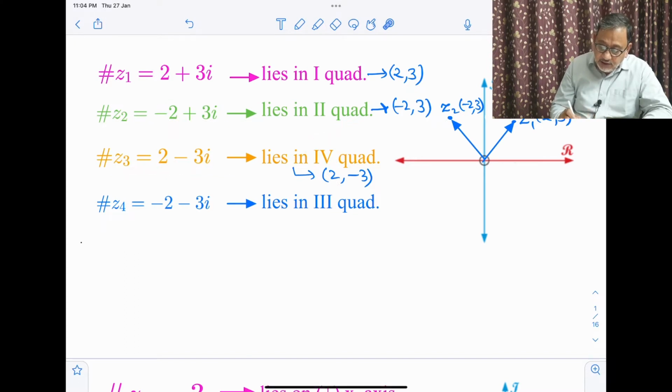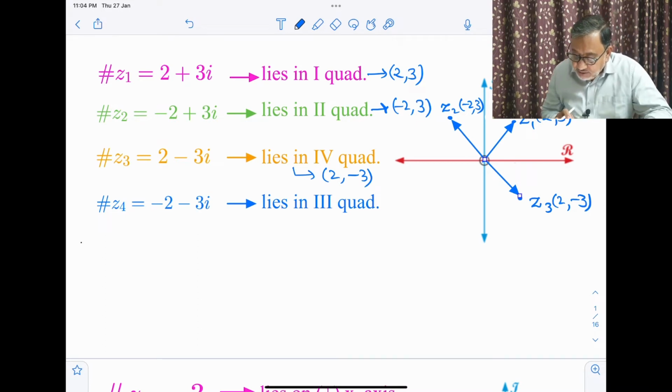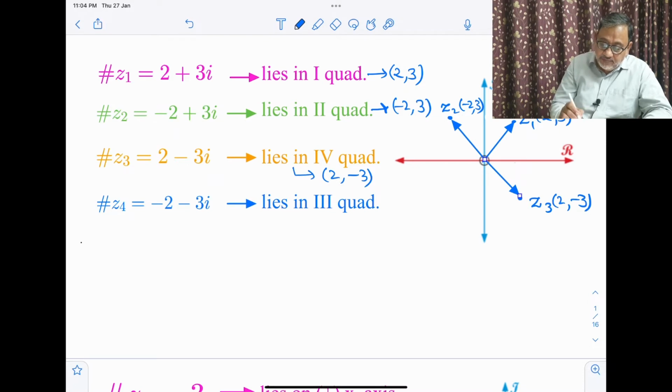The coordinates related to 2 minus 3i will be 2 comma minus 3. So somewhere 2 comma minus 3 will be there. Suppose it is here, Z3, 2 comma minus 3, and this arrow will represent the complex number Z3 on the complex plane.